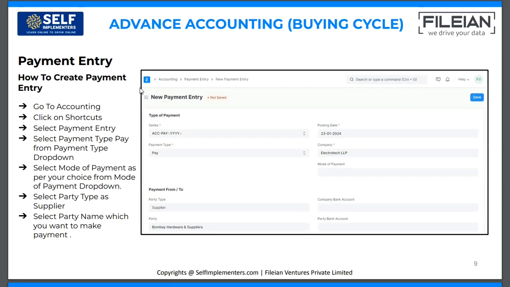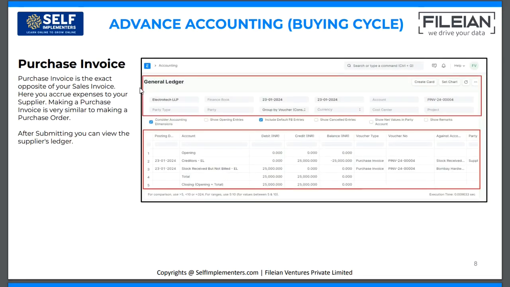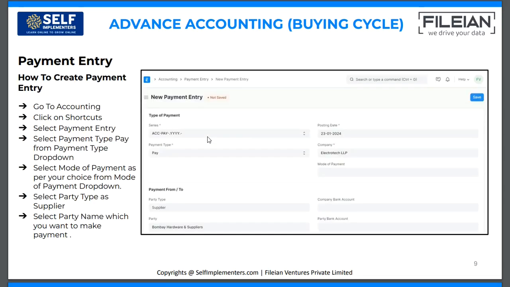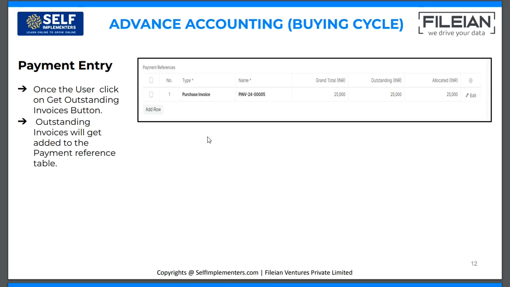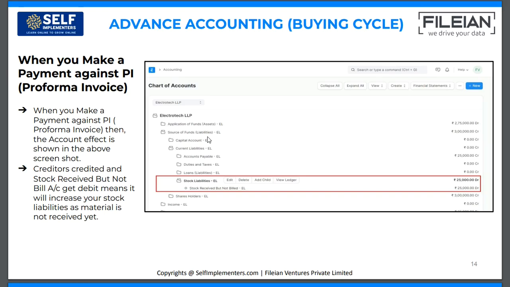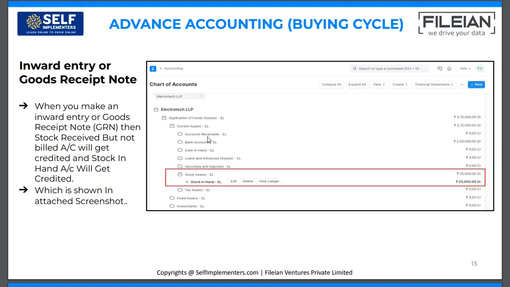make a payment entry. And once we book the purchase invoice, we will take the general ledger view, and we will check how the accounting effects are made in the ERPNext application system, and then we will make a payment entry against that purchase invoice, and finally we will see the accounting effect as well, where all these accounting effects go when we do the payment entry, and how we can reduce our liability which is generated while booking the purchase invoice.